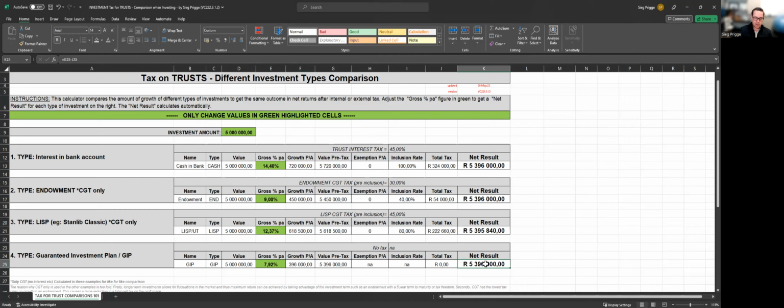The provider that gives you this investment quote actually delivers that exact return to you. It works like an endowment, but an endowment is still market related based on the return in the market, and then the taxes get applied internally. If the underlying fund does 9%, then there's still a portion of tax inside that endowment that gets applied, and that's the net result here.